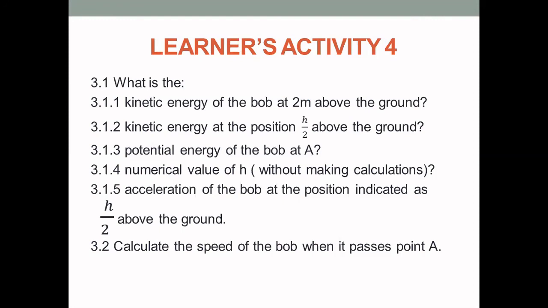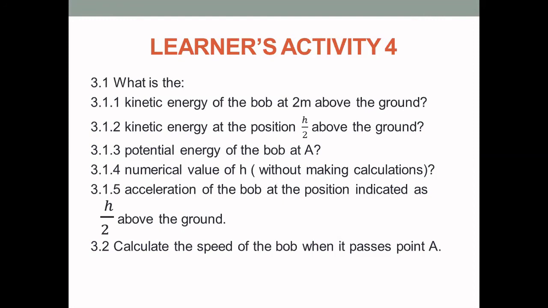What is the kinetic energy of the bob at 2 meters above the ground? What is the kinetic energy at the position h/2 above the ground? What is the potential energy of the bob at A? What is the numerical value of h, without making calculations?